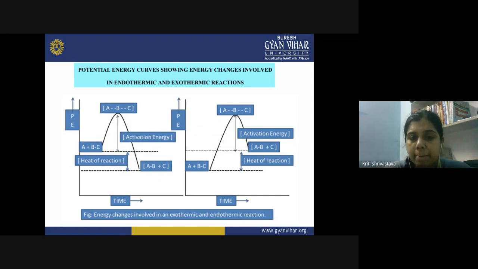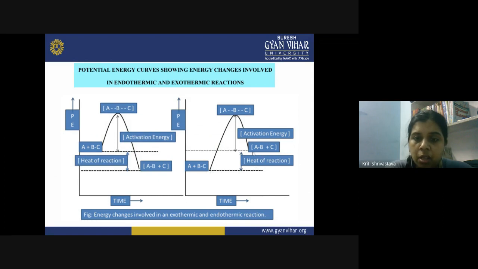And in the second graph, you can see the graph for the endothermic reaction. This is the reactant molecule passing through the activation energy barrier by forming the activated complex and getting converted into the product. Now the energy of the reactant is lower than the energy of the product. So in order to transform itself into the product molecule, this much amount of energy is required by the reactant.